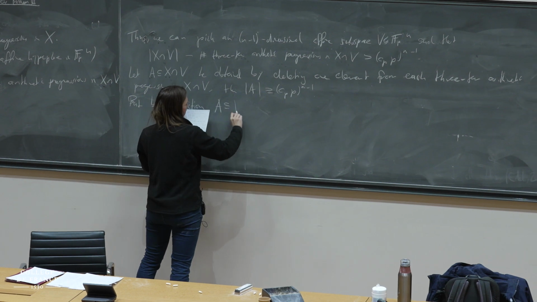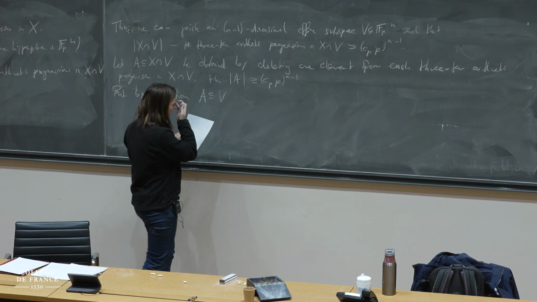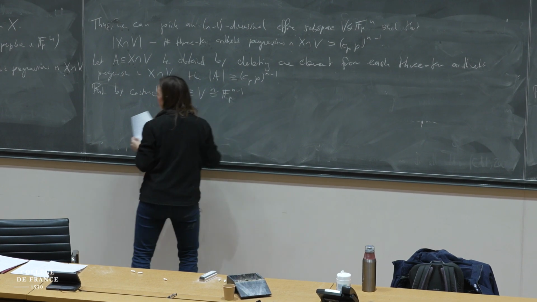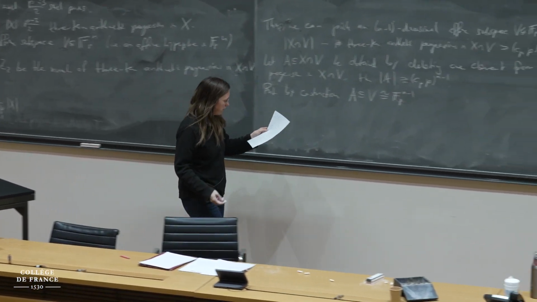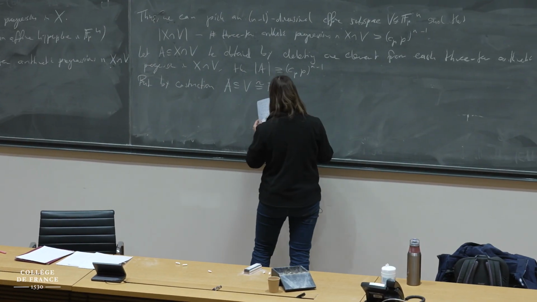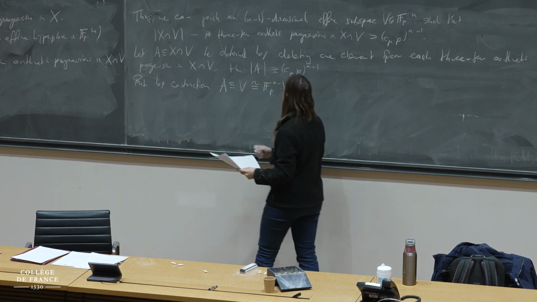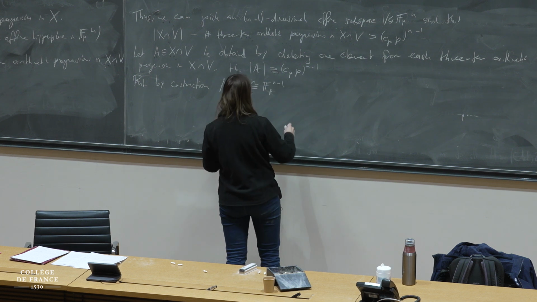But on the other hand, by construction, A is a subset of V, right, because it was obtained from X intersect V. But V is an n-1 dimensional affine subspace, so V is affinely isomorphic to Fp to the n-1. And so A can be interpreted as a subset of Fp to the n-1, but A doesn't have any three-term progressions.